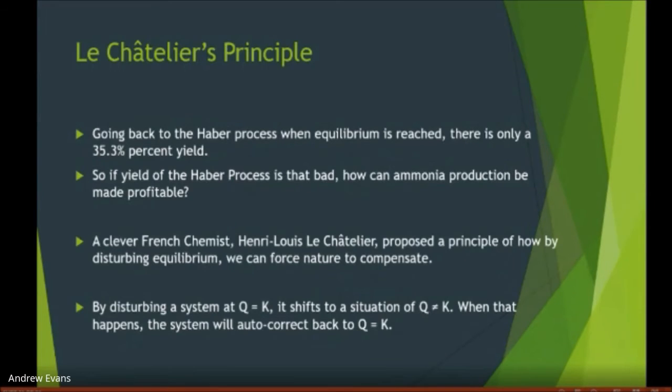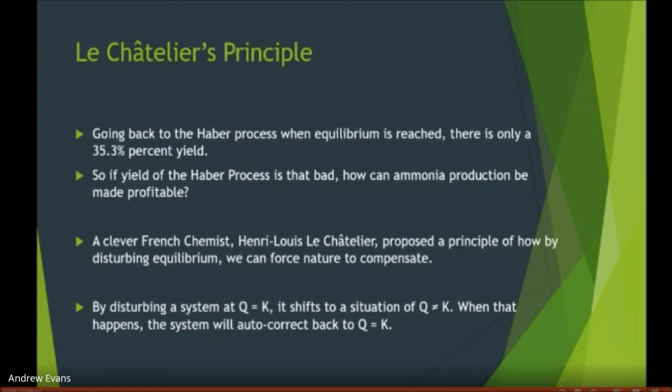Well, we have a French chemist named Henri Louis Le Chatelier who proposed this principle of how by disturbing equilibrium we can force nature to compensate. It wasn't until I think the Germans finally figured it out for the Haber process, but Le Chatelier's principle holds true regardless of who invented it. The idea is that at equilibrium, Q equals K. So what are we going to do?